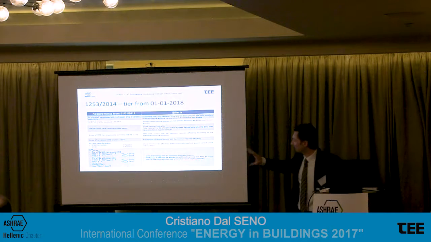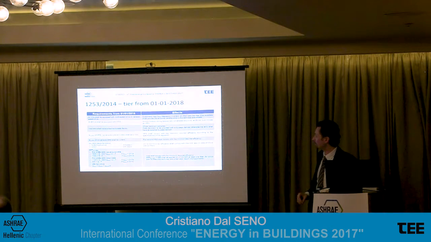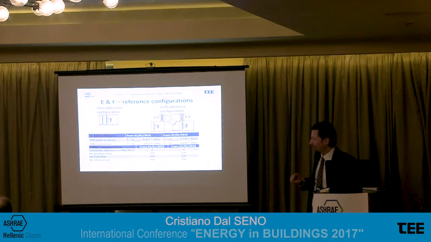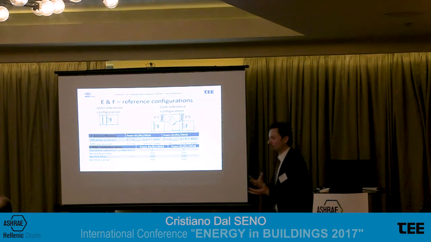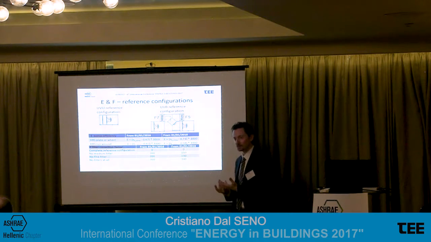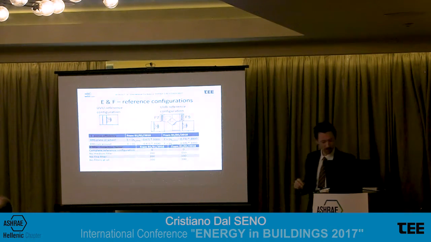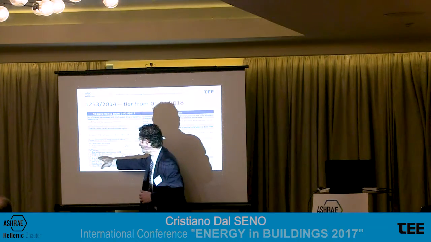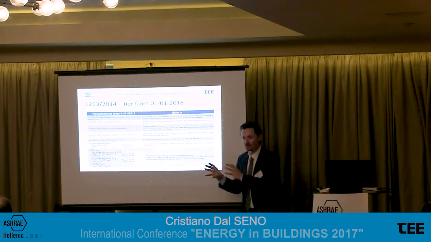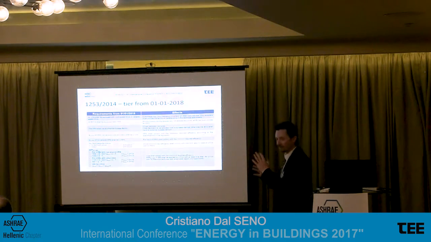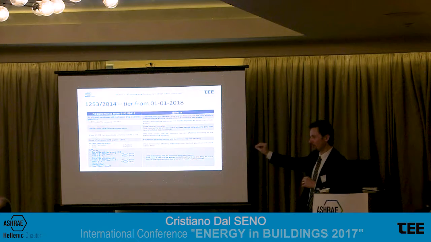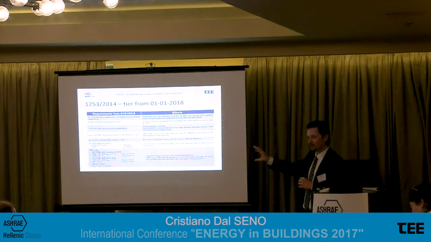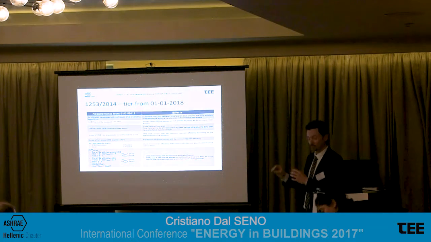Okay, this is, let's say, a general overview of what we have said just before. The specific fan power as a limit value, how they decided to calculate it, and if we go back a while, if we look to the formula, there are some parameters that are not specified yet. What are those E and F parameters given in the formula and considered by the European community to calculate the specific fan power?